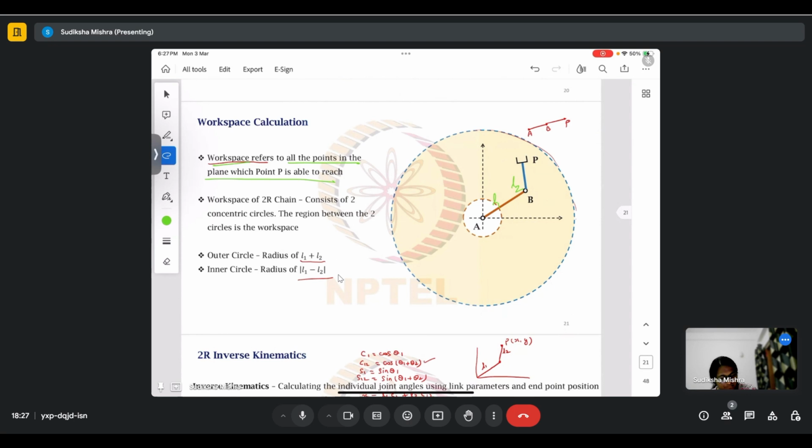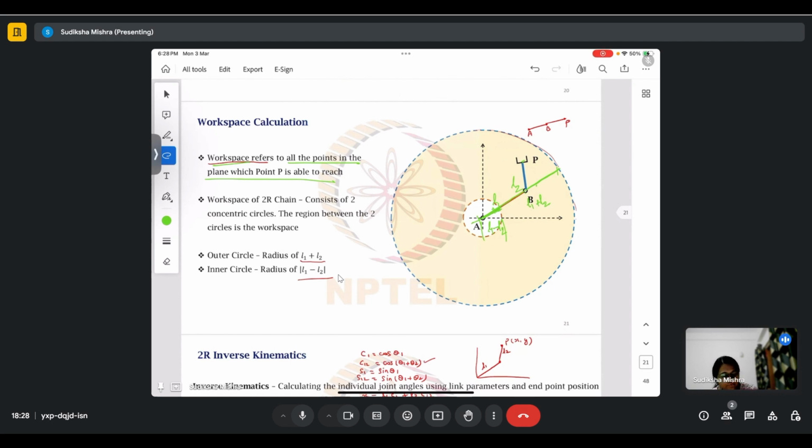If this were a straight line, the length will be L1 plus L2. If BP folded over on AB, this particular length will be the modulus of L1 minus L2, which ignores the sign because you don't know whether AB or BP is longer in this particular case.